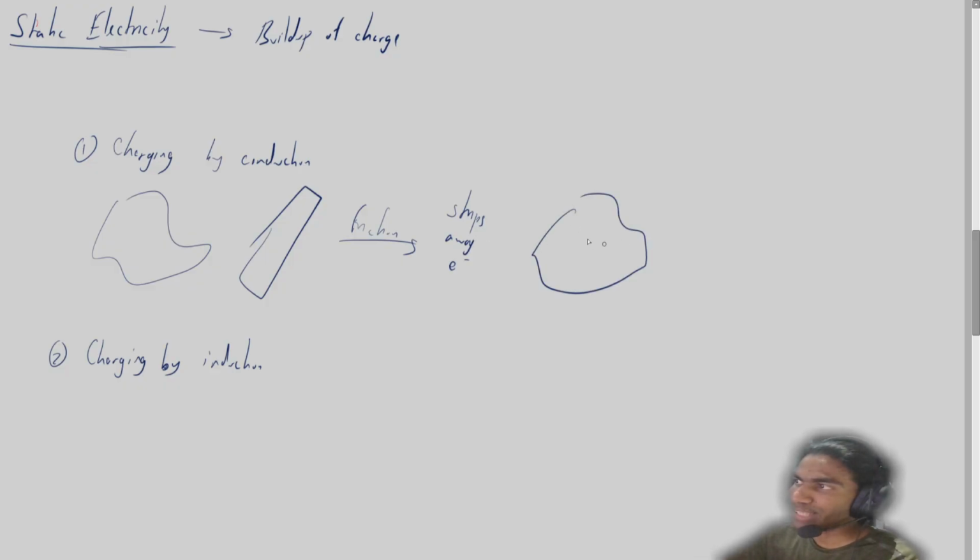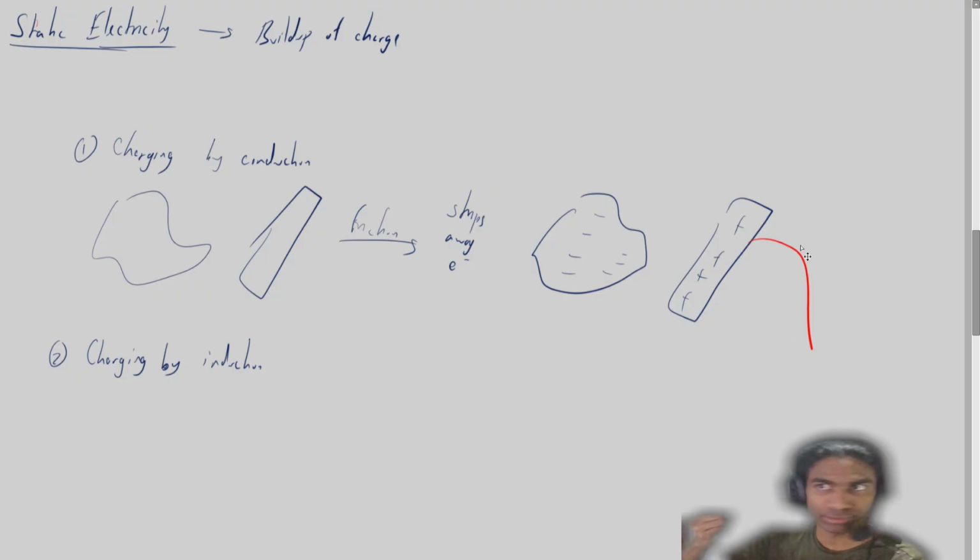So if the cloth gained more electrons, then that would leave this rod here with a positive charge. Of course, if you wanted to get rid of the charge, you just need to earth it with a metal wire, right? Or if you're holding it with your hands and you are standing on metal ground, that would again earth the rod. But that's how you can charge by conduction.